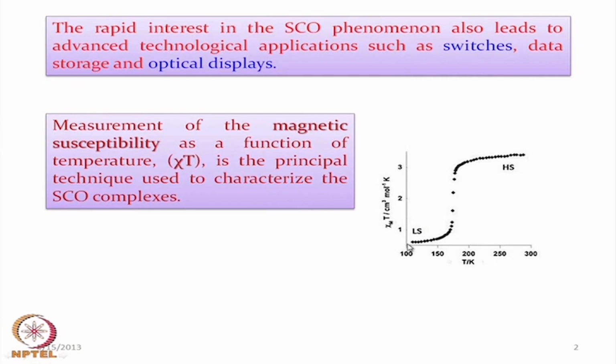So, with rise in temperature, the chi-mt values are increasing. These are the corresponding data values at particular temperature.